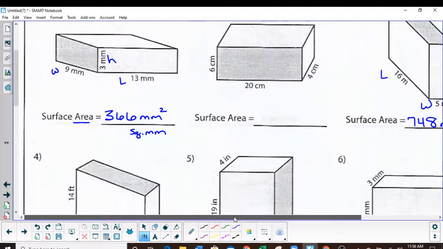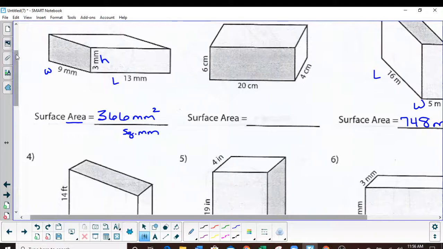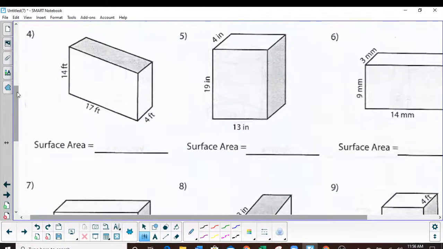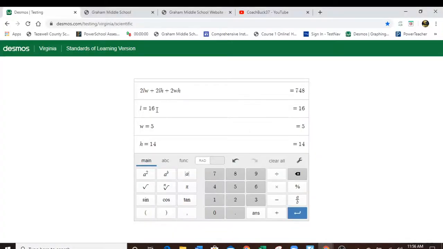Let's go over here in the middle to number 5. Go ahead and label these. Let's use 13 as the length. Height will be 19, and my width will be 4. And again, all we've got to do is take these over to Desmos, enter them, change it over. So our length was 13.